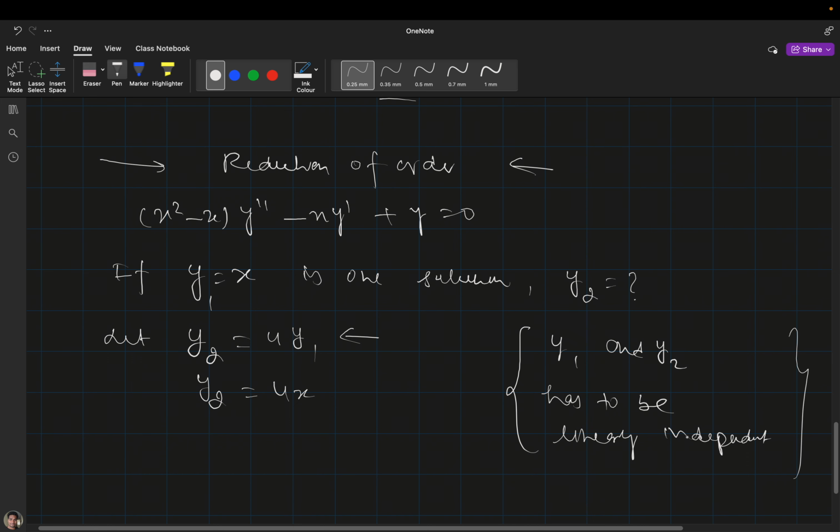Can you tell me how we will get to know that y1 and y2 are linearly independent? I told you in the linear algebra class, if you have two functions y1 and y2, and you want to know whether these two are linearly independent or dependent, how can you know that?